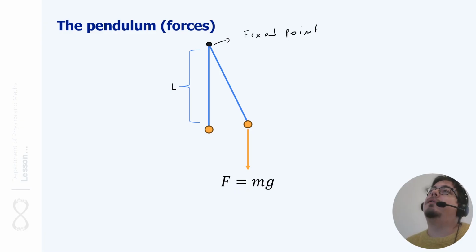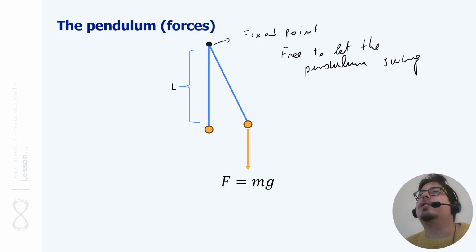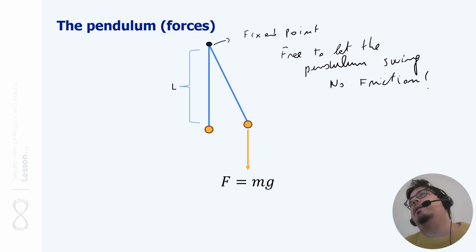So it's free to let the pendulum rotate, actually swing. It's not rotating. Well, it's rotating, but let's say swing. So there is no friction here, no friction. Okay, as always, and there is no air, so there is no drag in the force.